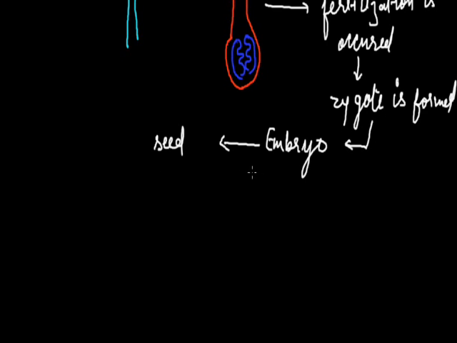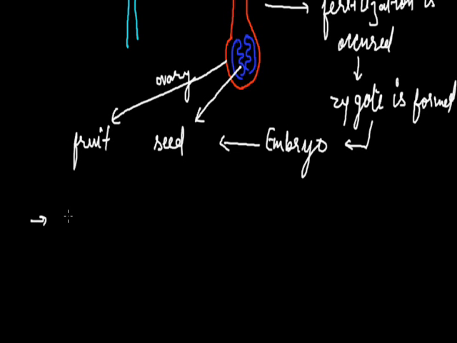So after fertilization, the ovule becomes a seed and the ovary becomes a fruit.